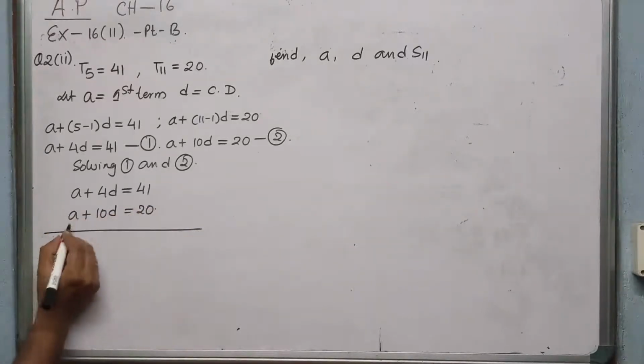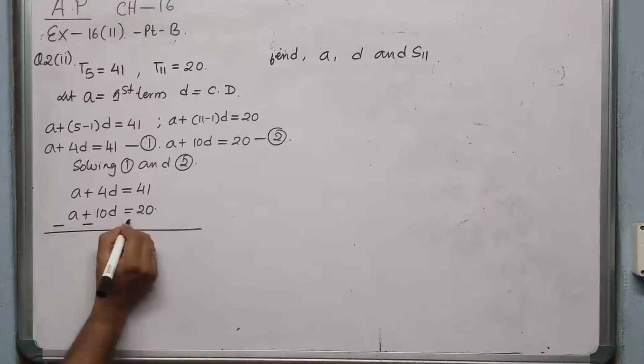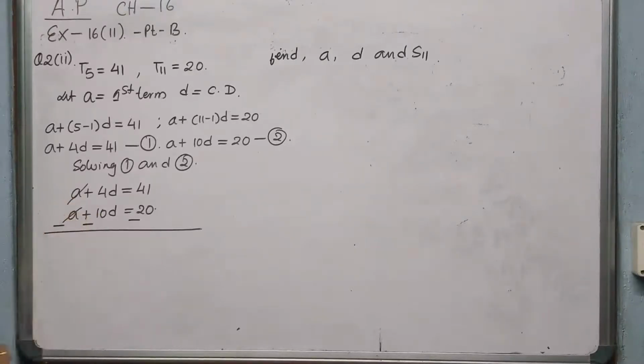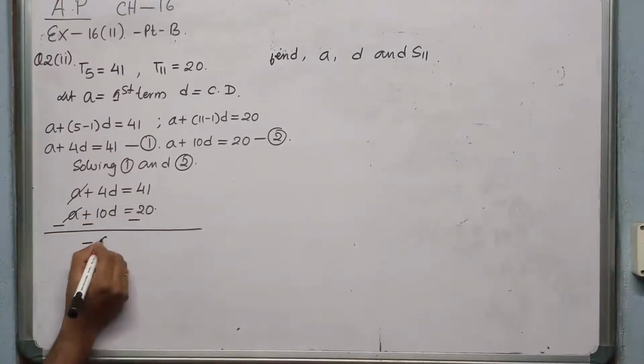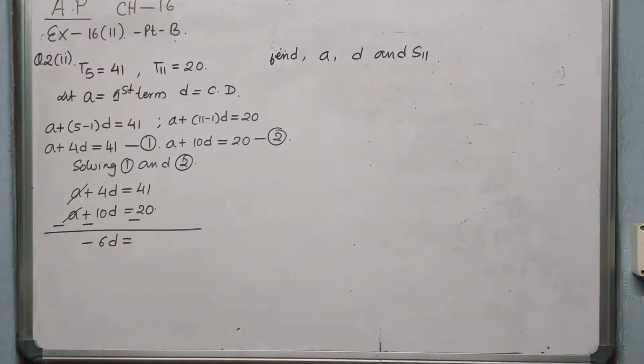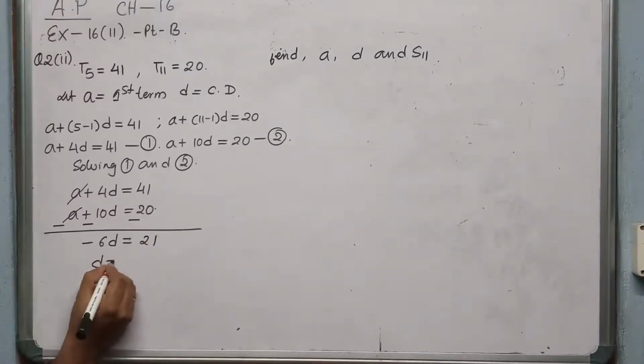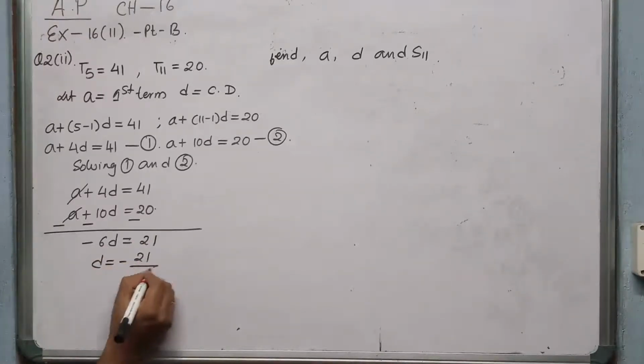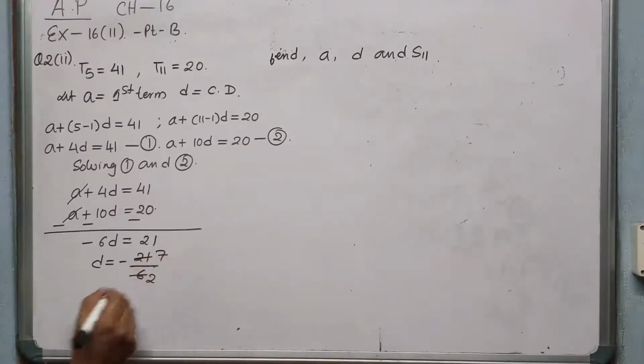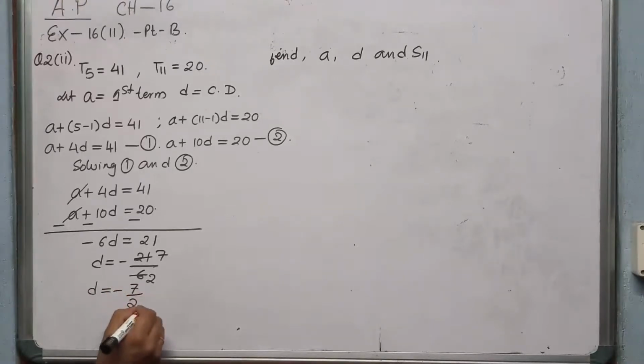Now these two are similar, so you just have to change the sign. 4D minus 10D is minus 6D, and 41 minus 20 is 21. Then D is equal to minus 21 over 6. 3 2s are 6, 3 7s are 21. Then the value of D, the common difference, is minus 7 over 2.